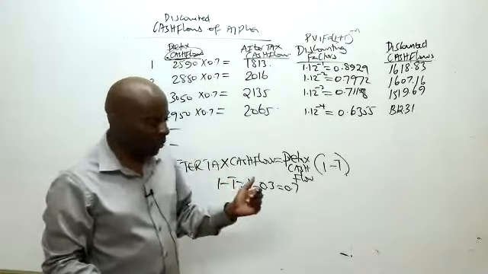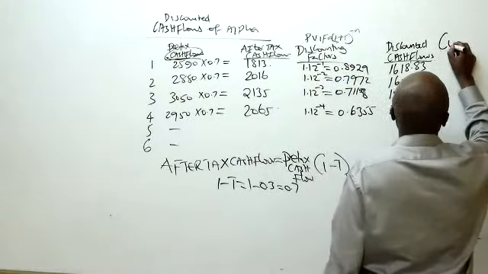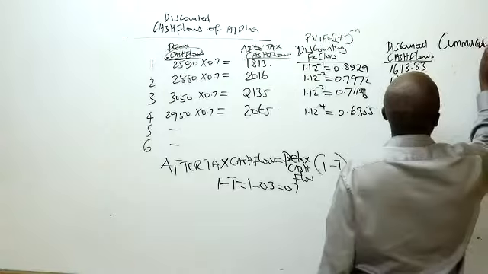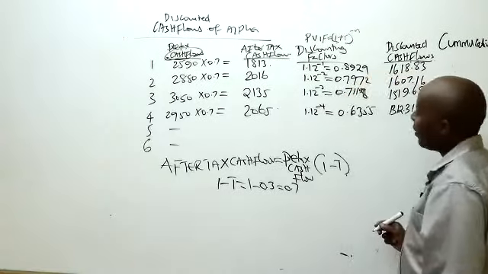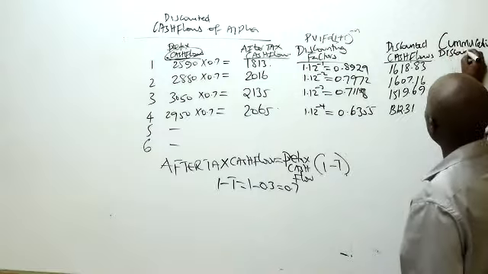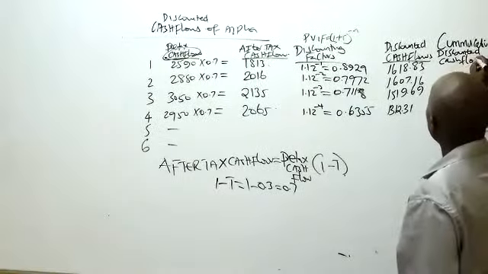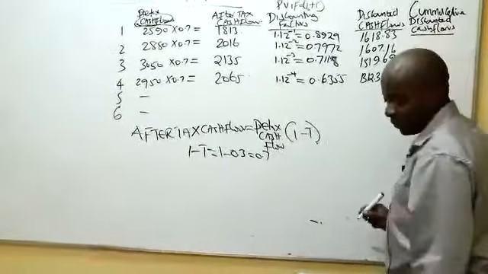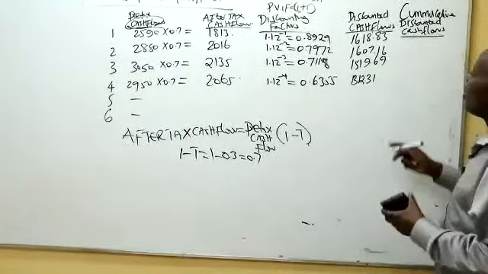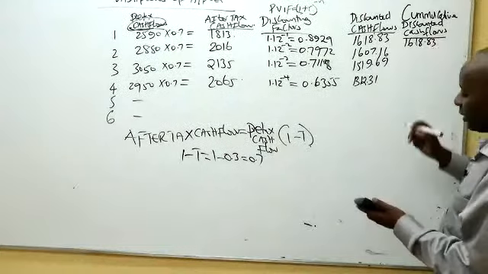Now the next thing that you're supposed to do here is to ascertain the cumulative discounted cash flows. So you're accumulating them downwards. We start with this, which is 1618.83.